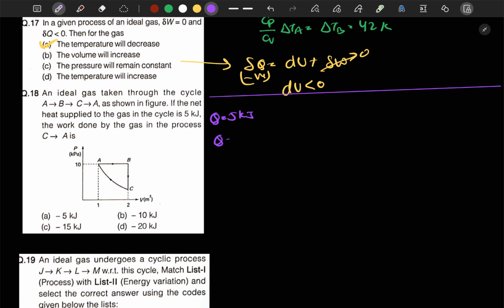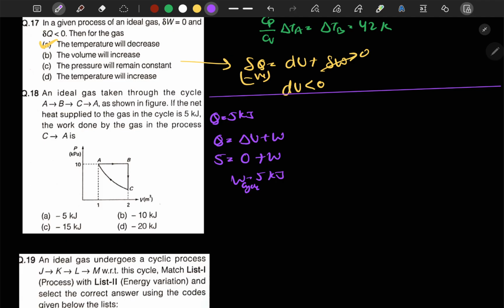We can directly use the first law of thermodynamics: Q is equal to delta U plus W. Q is 5, and delta U for a cycle is 0, so W is equal to 5 kilojoule. This is the work done in the cycle.